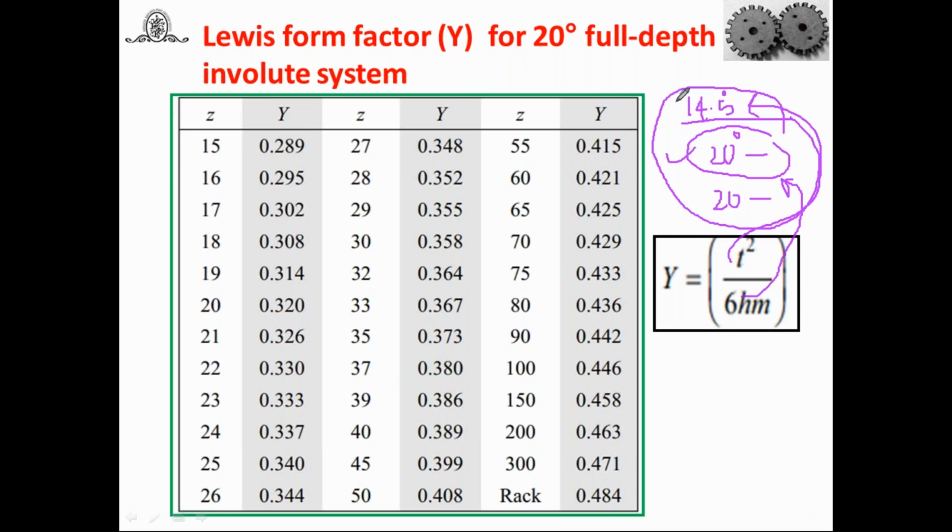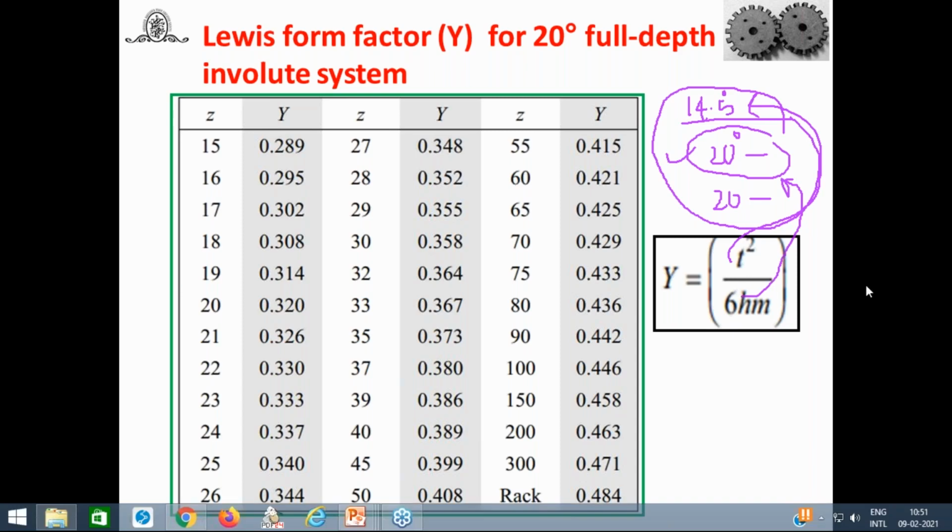And when we state 14.5, 20 degree or 20 degree stub, that means it also depends on pressure angle. Pressure angle also. And yesterday, we saw that Lewis form factor has a relation with pressure angle also. In this way, you have to note down and clarify mathematically the physical significance of Lewis factor. Try to understand. I hope you got these points.